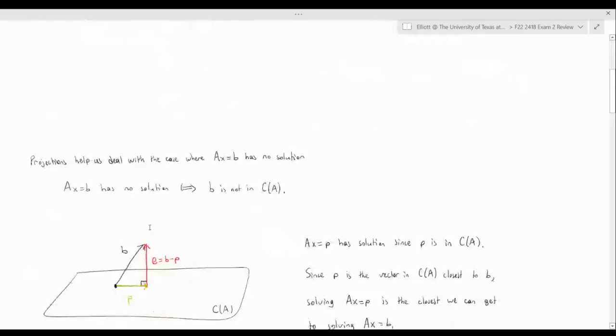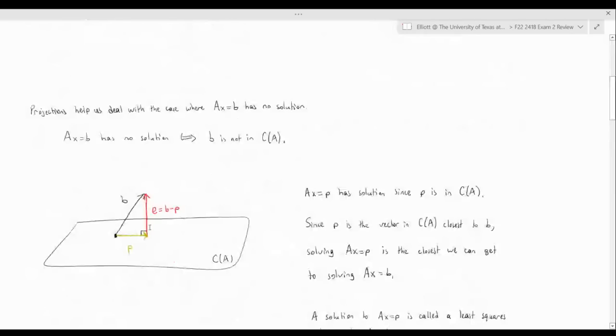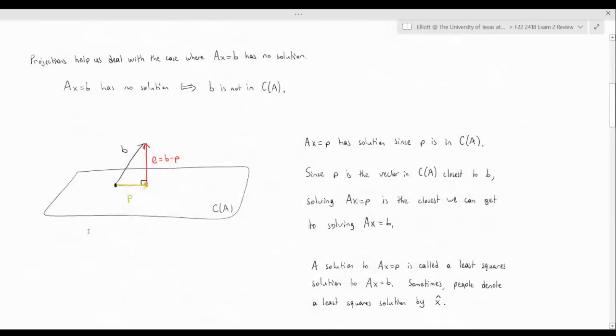And the reason why we're talking about projections in this class is they help us deal with the case where the equation Ax equals b has no solution, okay? So we know how to handle the case where Ax equals b has a unique solution.